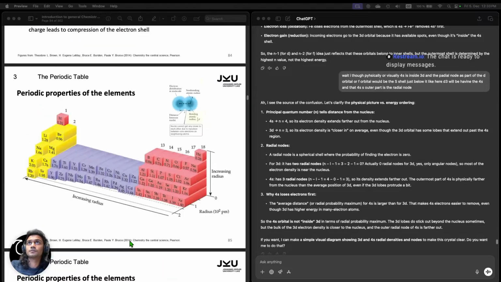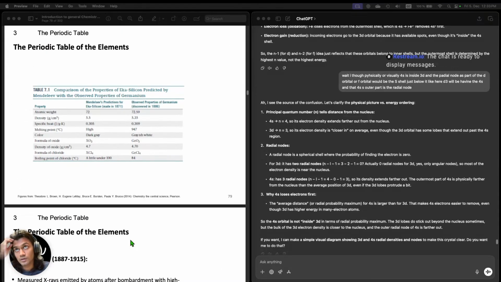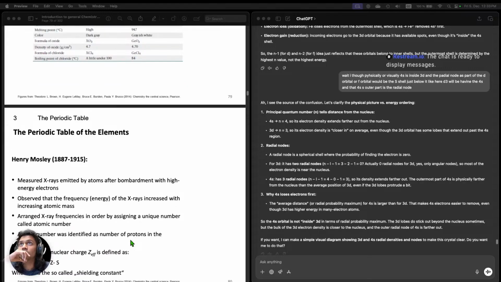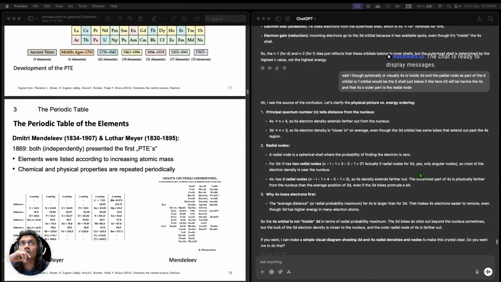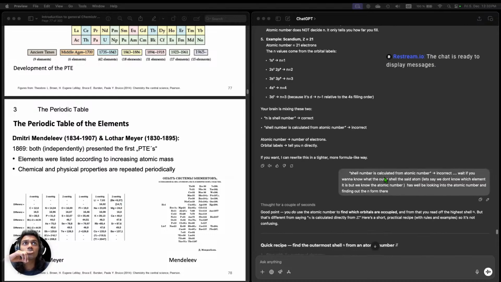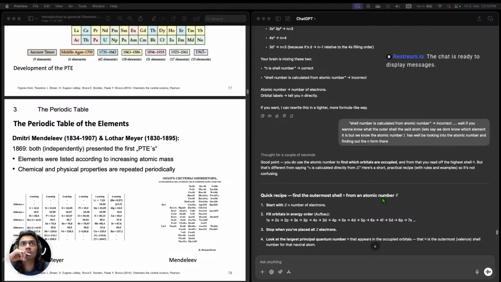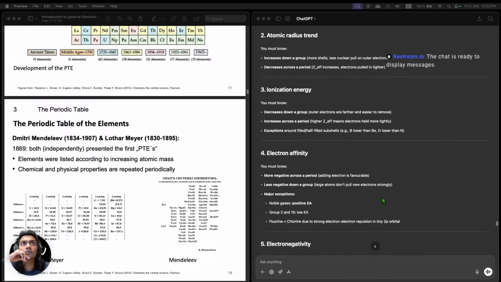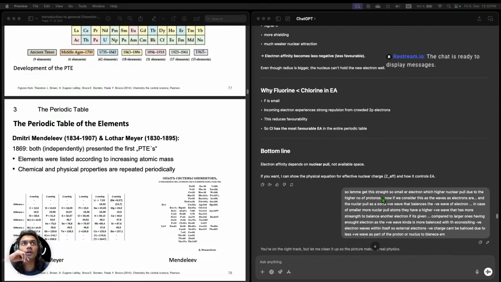So, periodic table of elements. The shell number is calculated from the atomic number, if you want to know what the outer shell is. I did write a short summary. So let me get this straight.